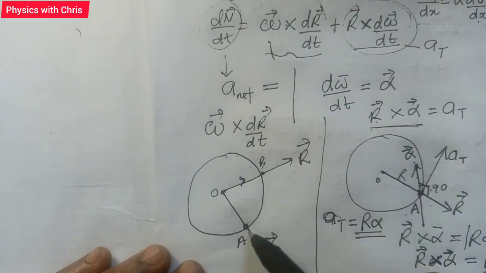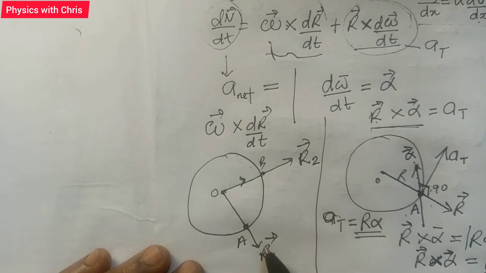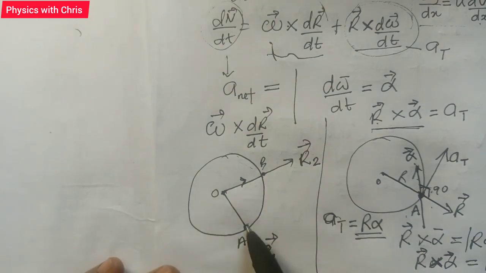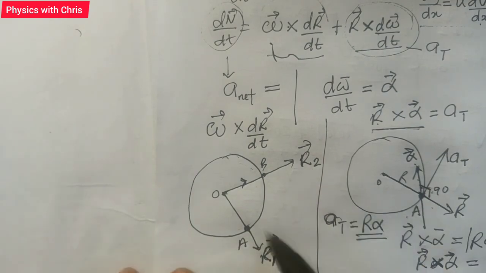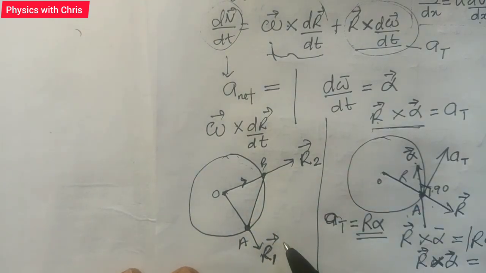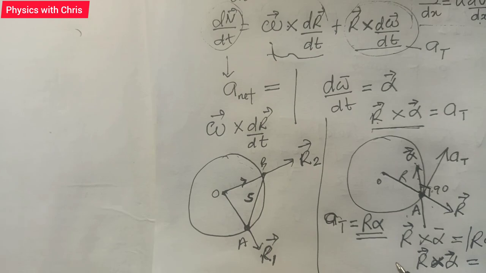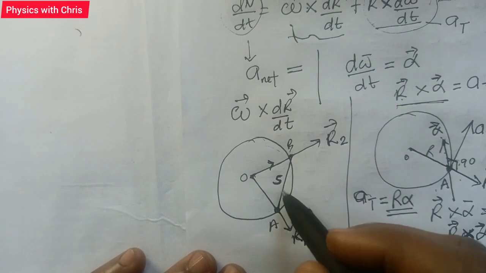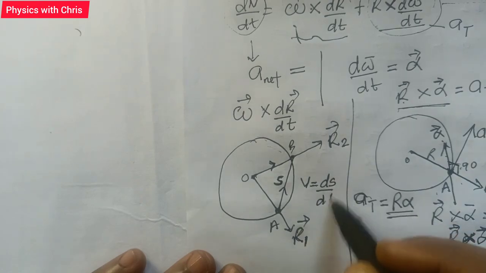So the change in r, if I call this r2 and this r1, where r1 represents the direction and magnitude of the radius vector at point A, and r2 stands for the radius vector at point B. Then this line that joins A and B is the change, which we can call the displacement, as the body moves from point A to point B. So the velocity v of the body is given as change in displacement over change in time.